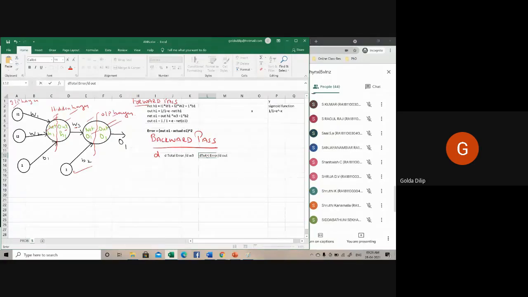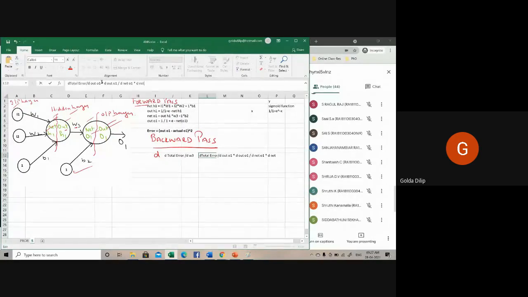Okay, D out O1 into D out O1 with respect to what it gets influenced by, which is partial differentiation of net O1, the one previous to it, multiplied by partial differentiation of net O1 with respect to differentiation of W3.